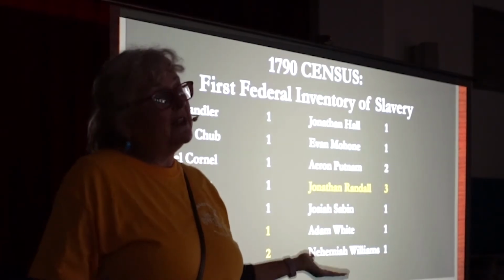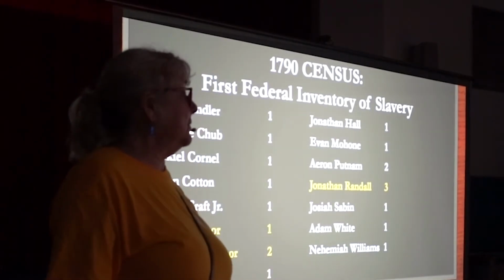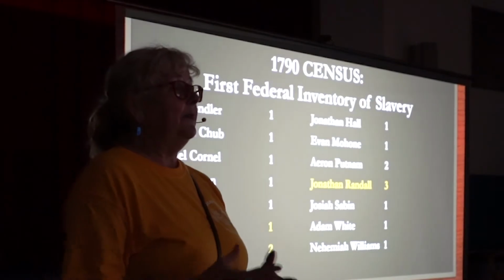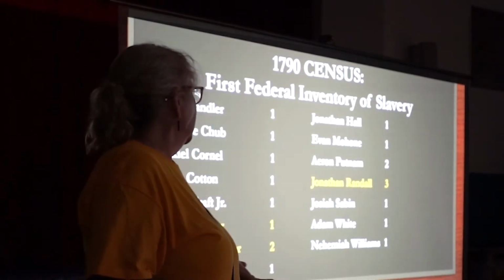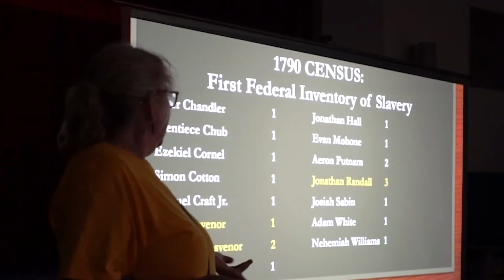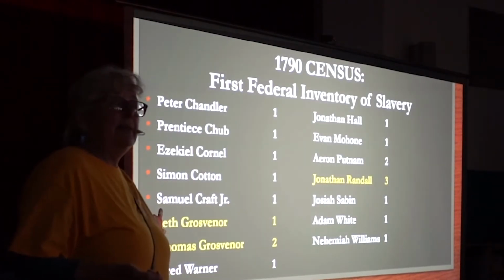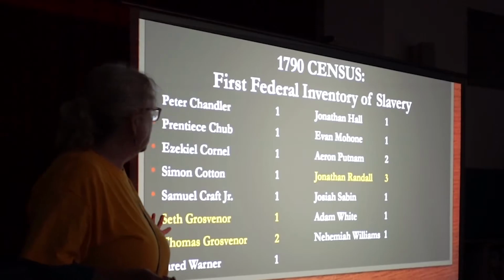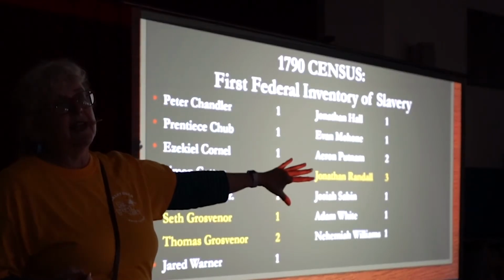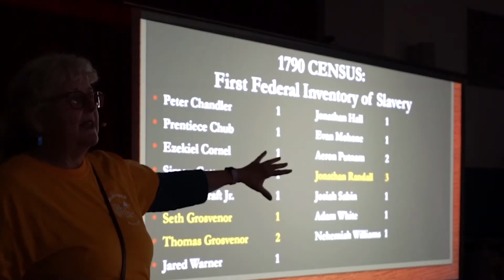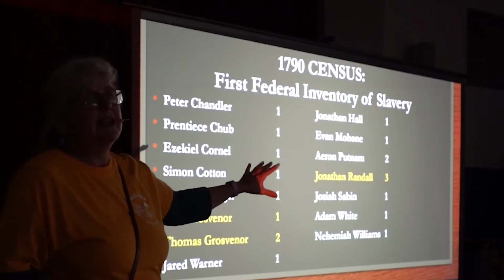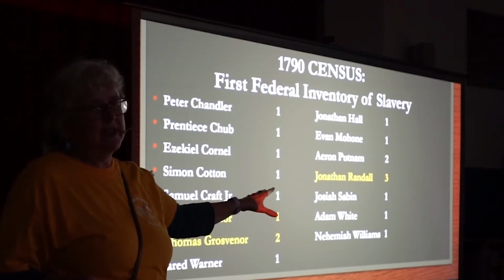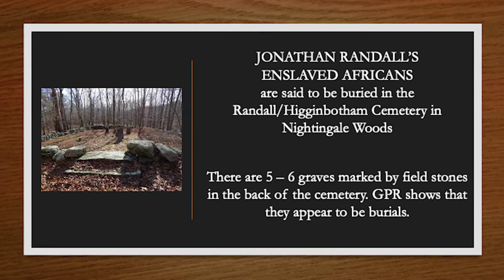So it's pretty likely that maybe they came with 2, 3, maybe 4 enslaved servants when they moved here. Seth Grosvenor, who lived in the neighborhood, had 1. Thomas Grosvenor had 2. And then we know also that there were enslaved Africans working the Nightingale farm, at least in the 1770s, and probably still there in the 1790s.